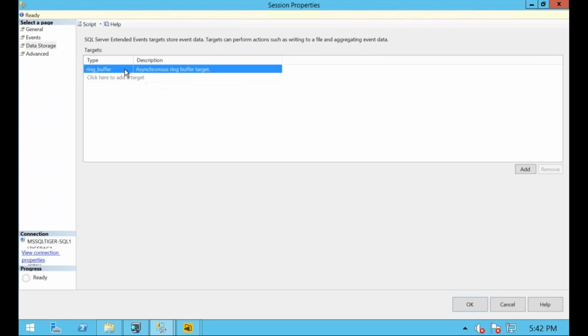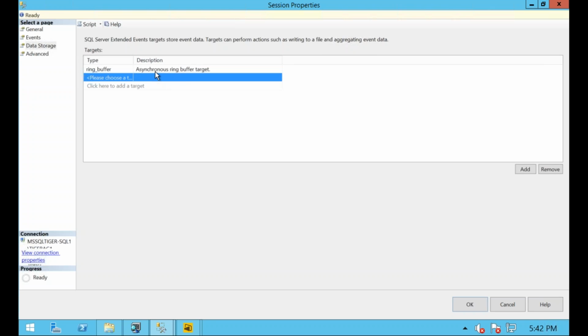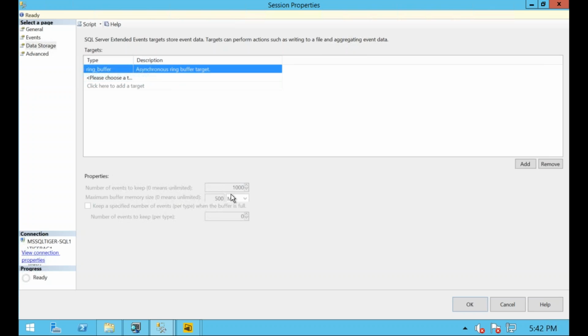If you look at data storage, you will see a ring buffer target, and under the ring buffer target, you can specify the amount of memory. Right now the session is running, which is why it's grayed out, but if it was not running, it would let you change the maximum buffer.